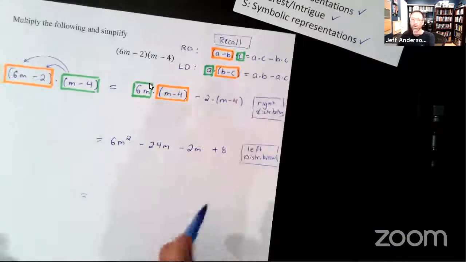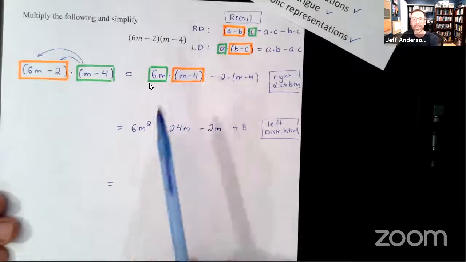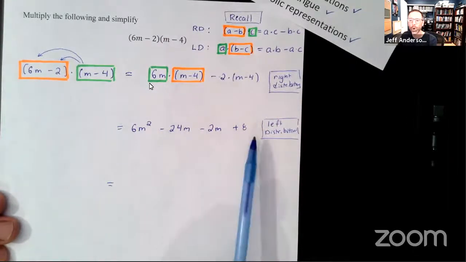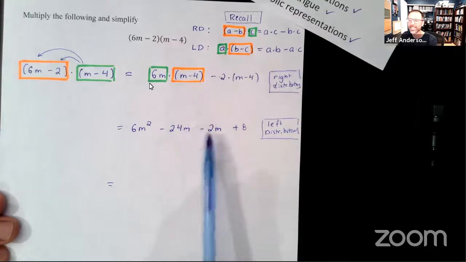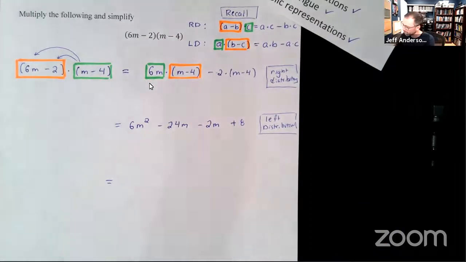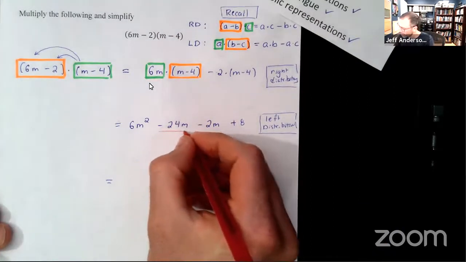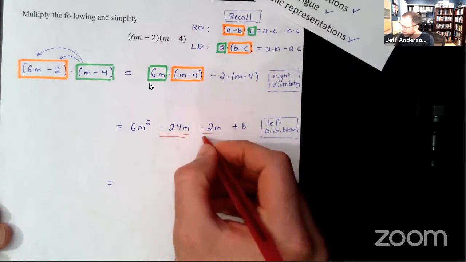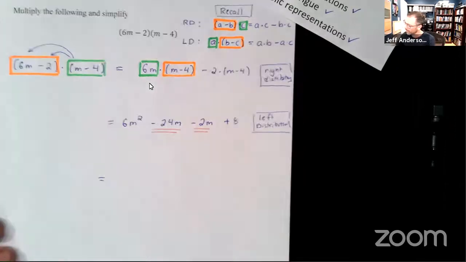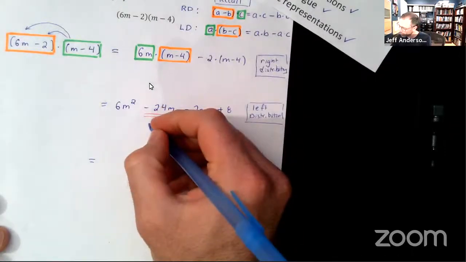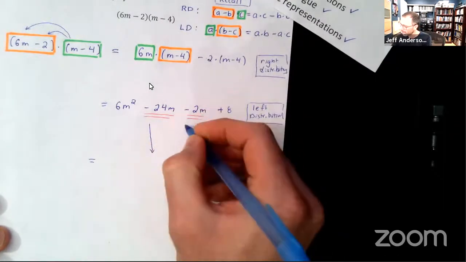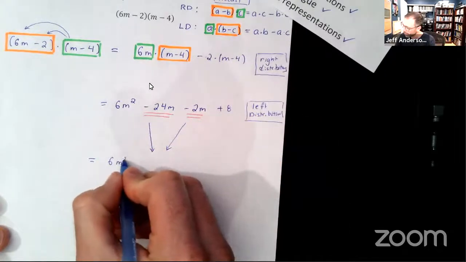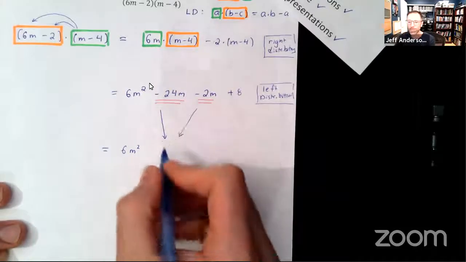All right. So remember now, we've multiplied out the two binomials. We have this four-term polynomial, but we see we can simplify. In particular, we call these two terms, negative 24m and negative 2m, like terms. So if I take $24 from you and then I rob another $2 from you, before you call the cops, you might say, hey, this guy robbed $26.